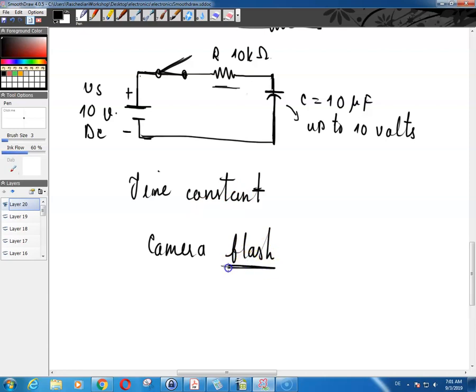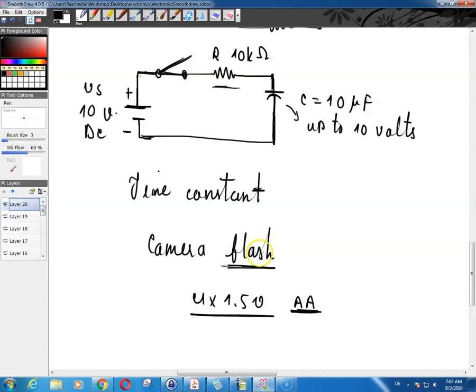You usually install four 1.5 volt AA batteries into the flash, and then once you turned on the flash, it would start charging itself.